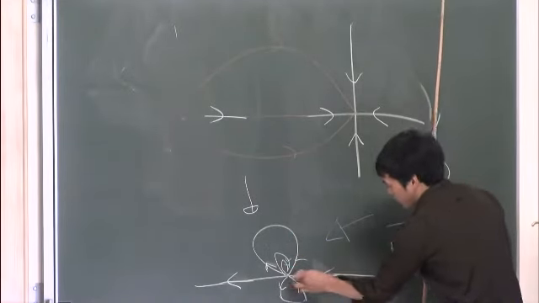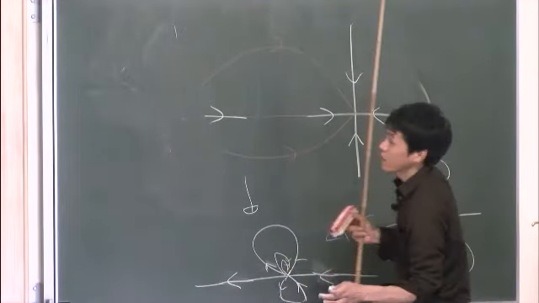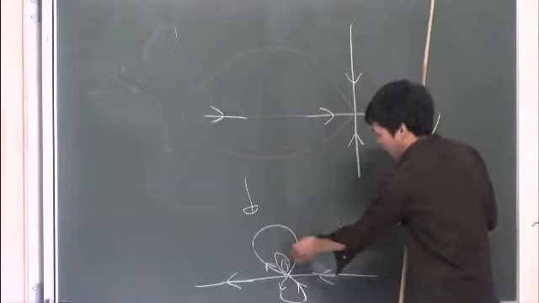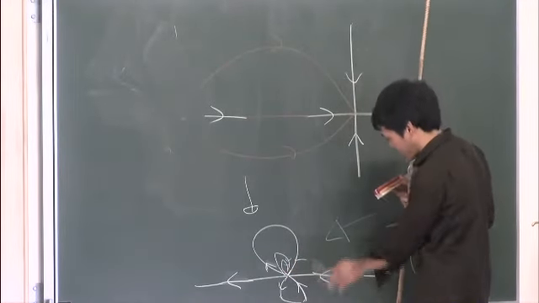So the fixed point is just one. Just remove the point. So there's no circle, just a single point. So remove this point, so we can define the function, and it becomes a Hamiltonian function.